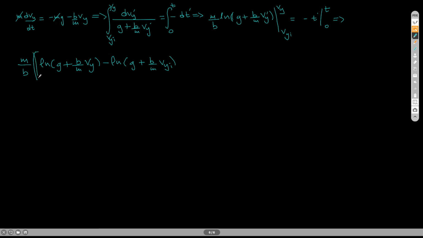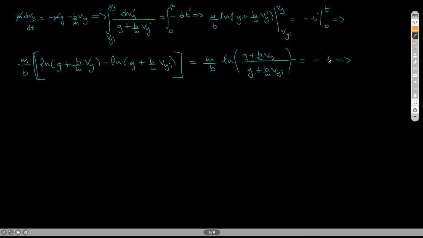Let's make this a bracket, and I'm going to work on this for a little bit. m over b ln, and I'm going to do the same thing as I did in the x direction: g plus b over m vy over g plus b over m vy initial, and this is equal to minus t.